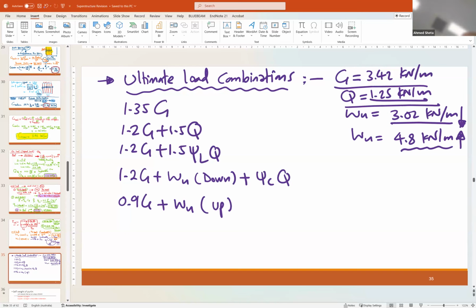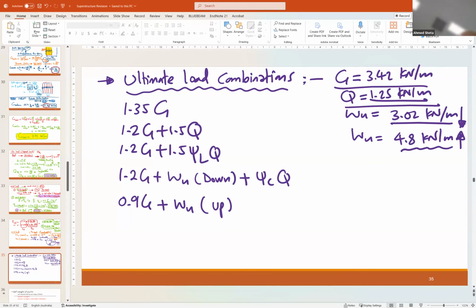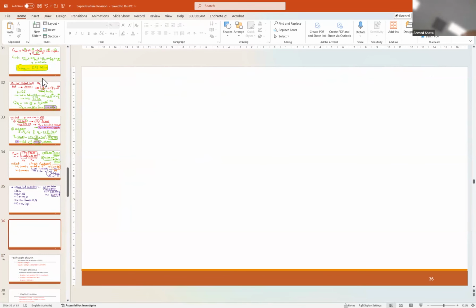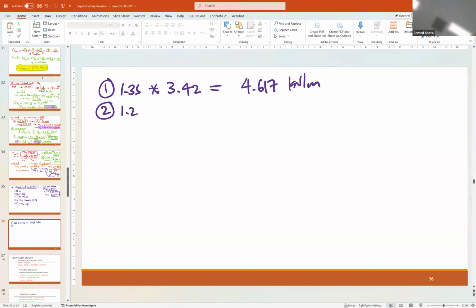So if we substitute, we'll do the substitution in the next page. So number 1, 1.35 G, G is 3.42, which equals 4.617 kilonewton per meter. Second one, 1.2 G, 3.42 plus 1.5 Q, 1.25.